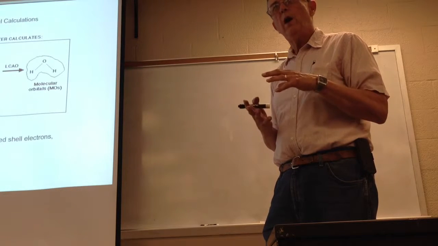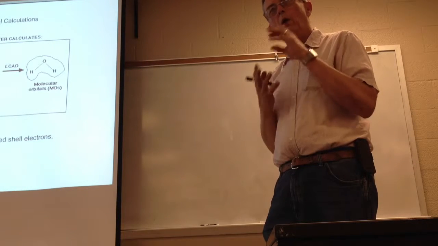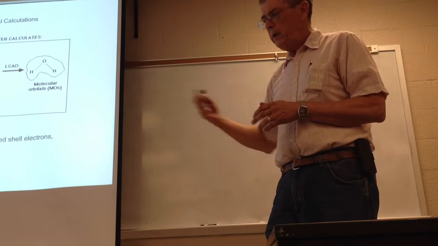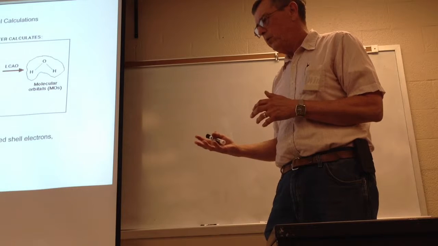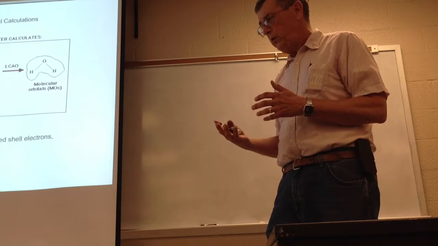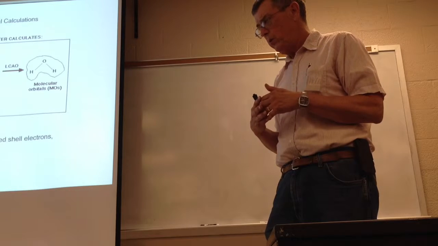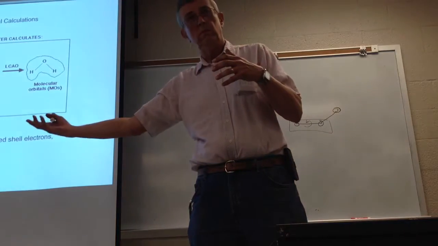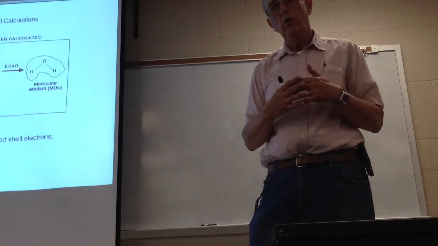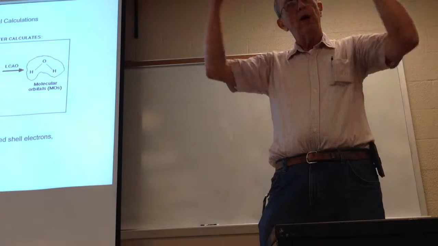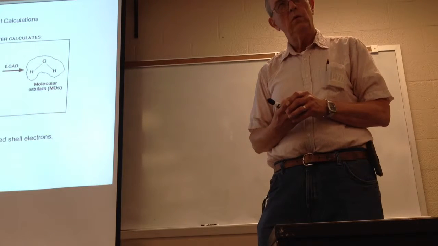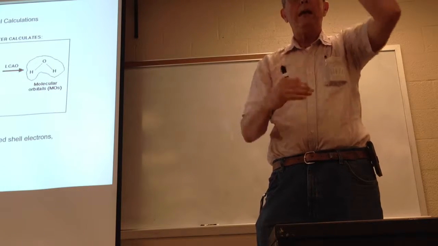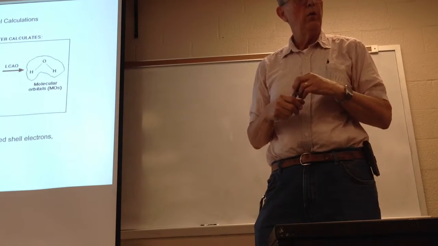You start with atomic orbitals on an atom in a molecule. Each atom in the molecule has atomic orbitals. What you then do is you combine those atomic orbitals to make new orbitals, all of them, on all the atoms, to make new orbitals that encompass the entire molecule. And that gives you a ladder of molecular orbitals.